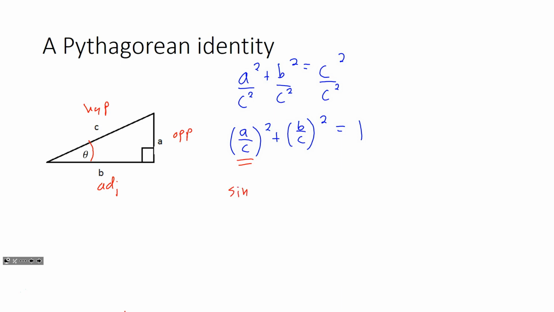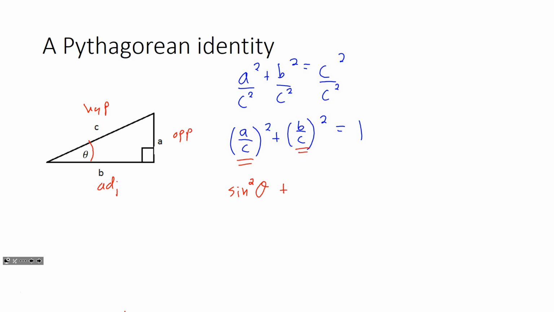So this would be sine of theta, squared. You probably expect me to write a parenthesis around this and then put squared, but it's customary in trig to instead put the squared sign right after the three-letter abbreviation. So this is read sine of theta squared or sine squared theta.